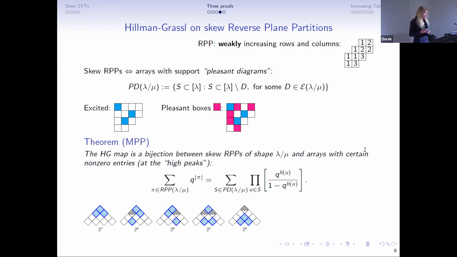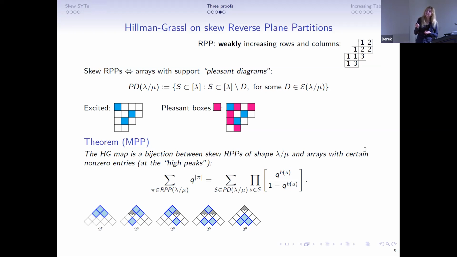And then summing over all reverse plane partitions, actually using the Hillman-Grassl correspondence, we get that all the arrays in the Hillman-Grassl correspondence would be fillings of this type of diagram.